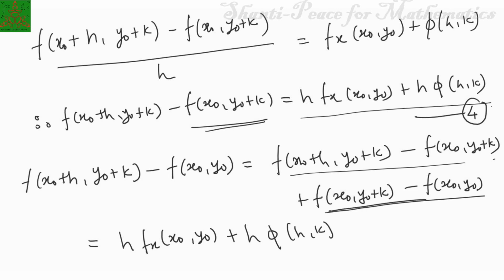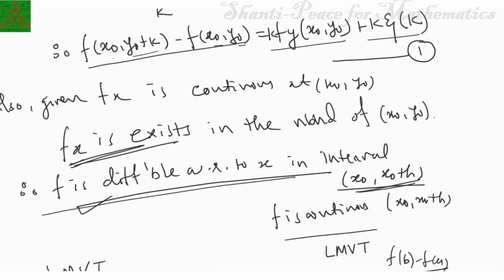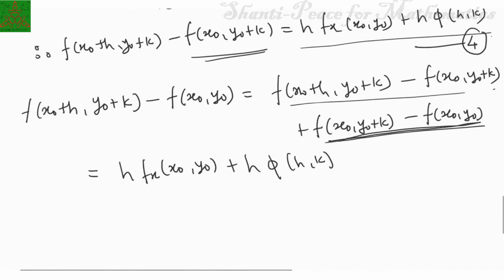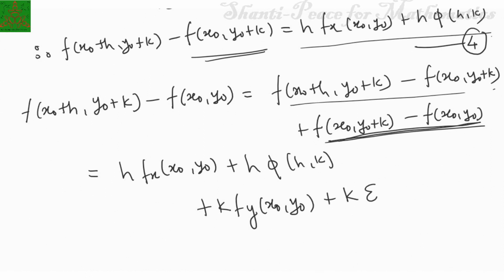Now the value of this we can write from equation 1. Equation 1 is what we have written here: f(x0, y0+k) - f(x0, y0) can be written in this form. So we can write this as k into fy at (x0, y0) plus k into xi of k, where you should notice that this phi of (h,k) tends to 0 as (h,k) tends to 0, and xi also tends to 0 as k tends to 0.